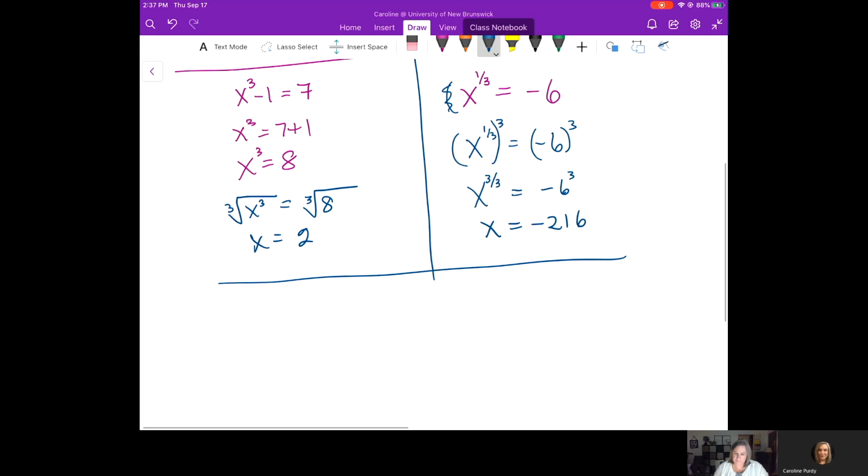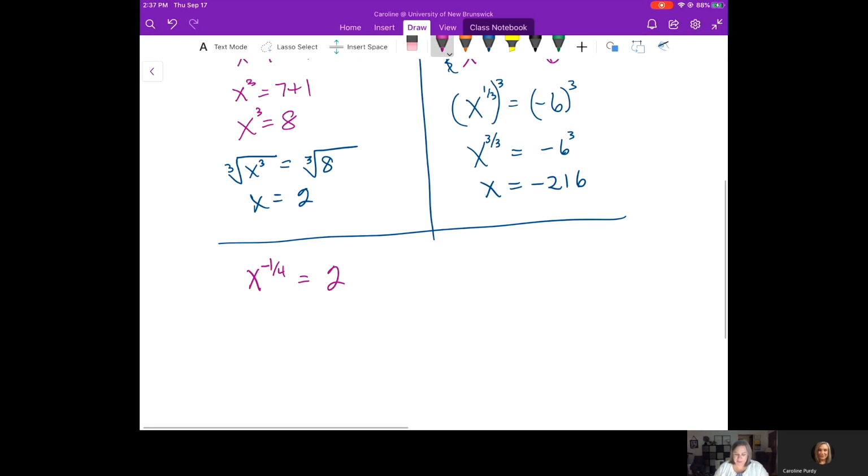Okay, let's try another one. What if I said x to the -1/4 is equal to 2? Now that's a negative instead, and it's a fraction. So to solve fractions, we want to cross multiply, but we don't want negative exponents. So what we might do here is rewrite this.